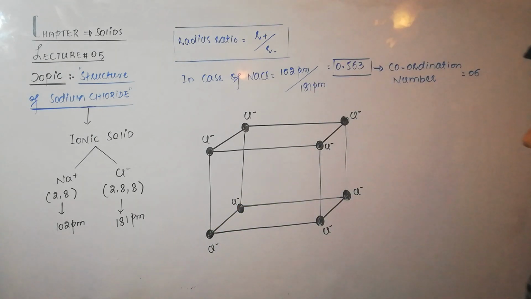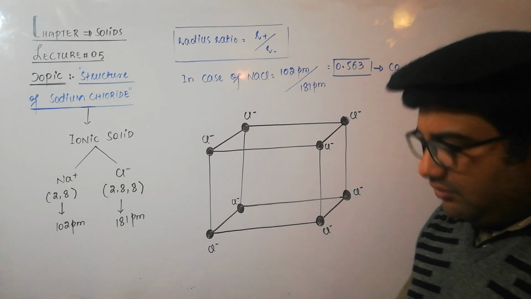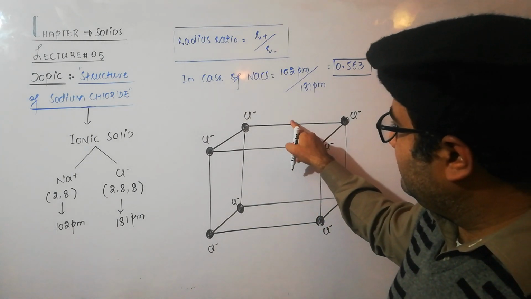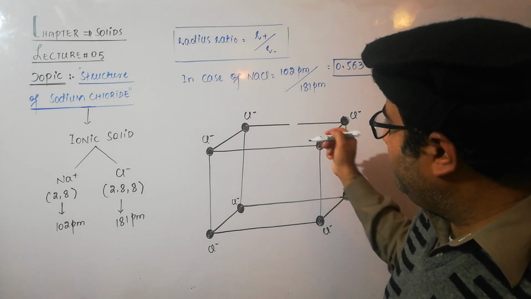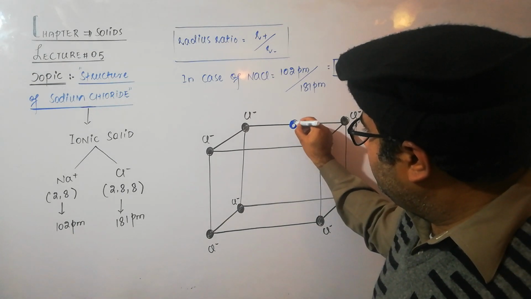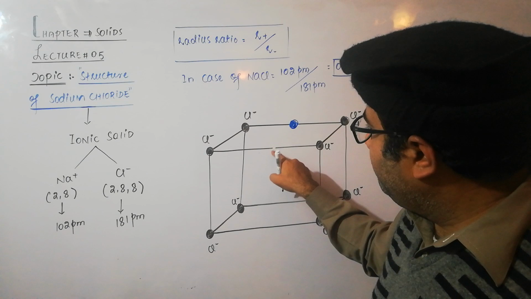So 8 corners, they have 8 chloride ions. Now you know that between these chloride ions there should be sodium ions. So now between every 2 chloride ions make a sodium ion.